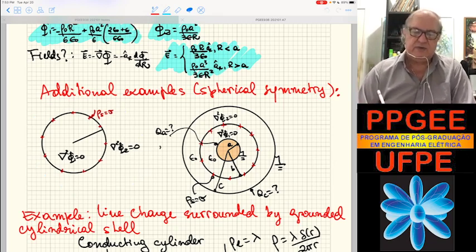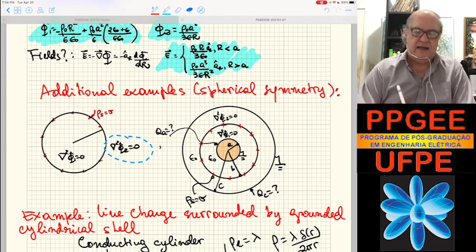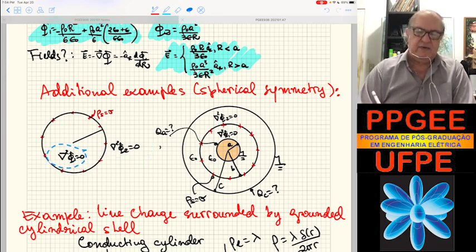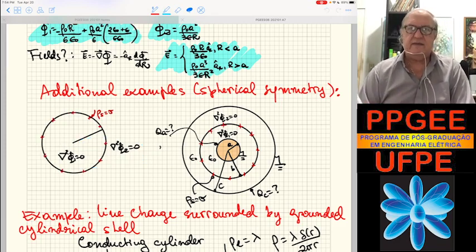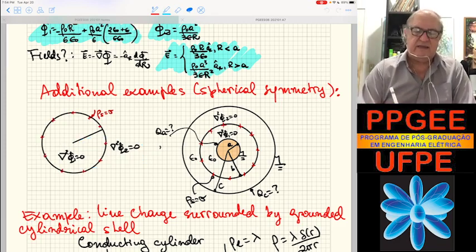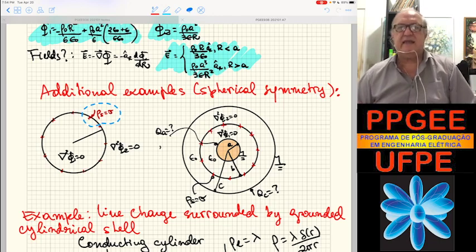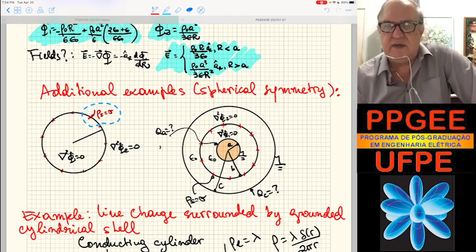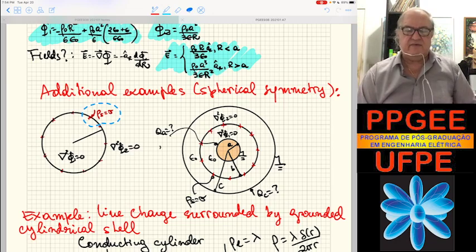Again, we have two situations. Laplacian outside is 0. Laplacian inside is 0. The functions are continuous across the boundary, but we have a surface charge density that gives a discontinuity in the normal component of the electric displacement vector, or the electric flux density vector.